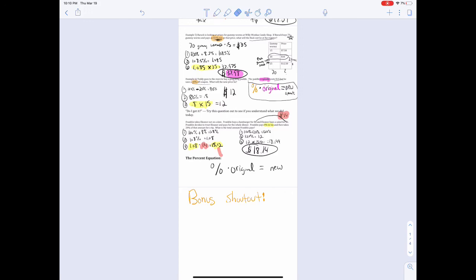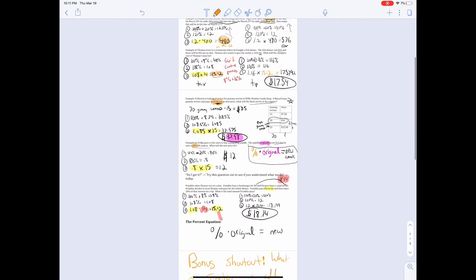So, what is similar in all the people's names in the word problems? If you can post it in our chat, I will give you a bonus shout out.